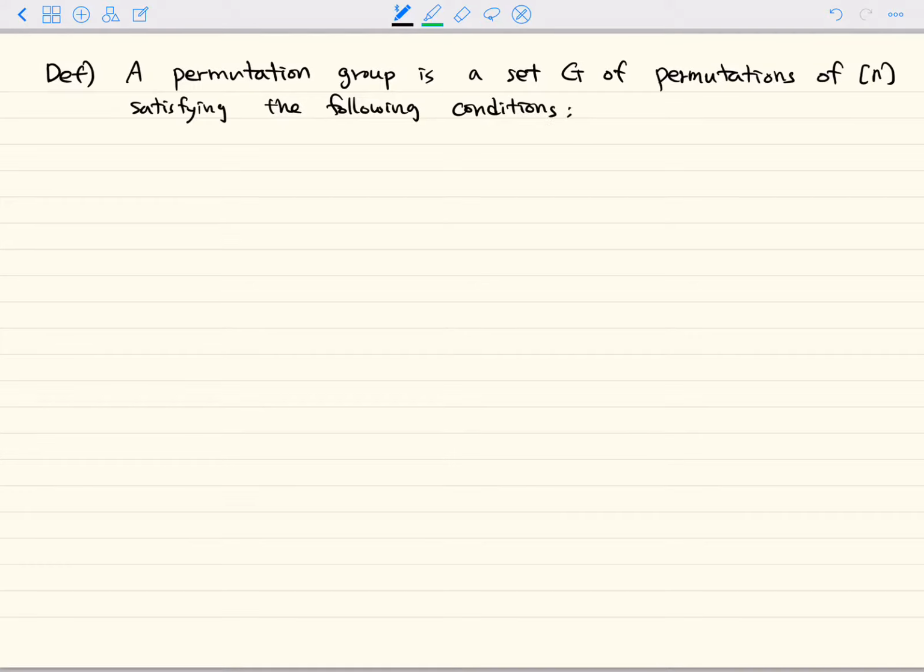There are several conditions, let's say properties. So the first property is called the identity property.